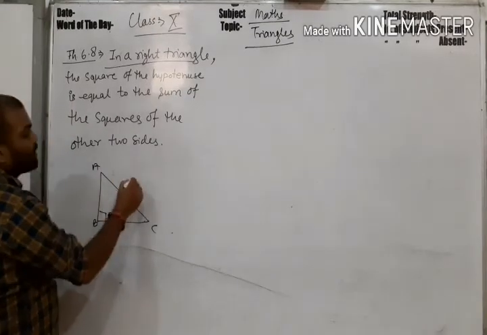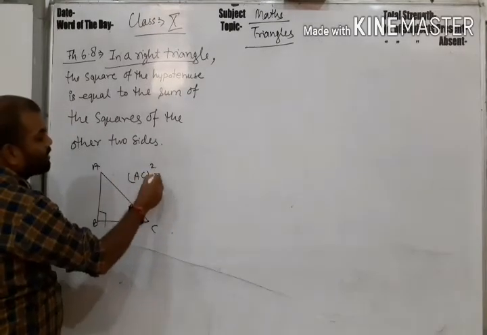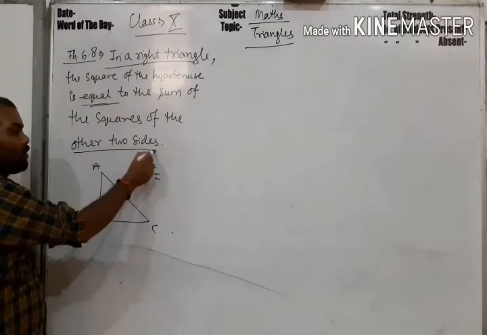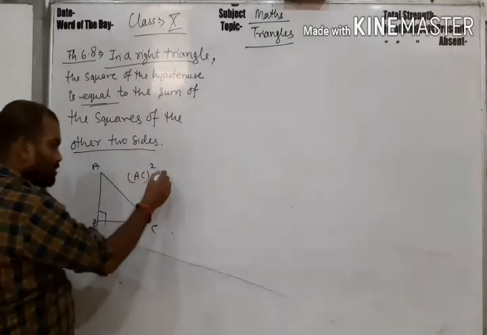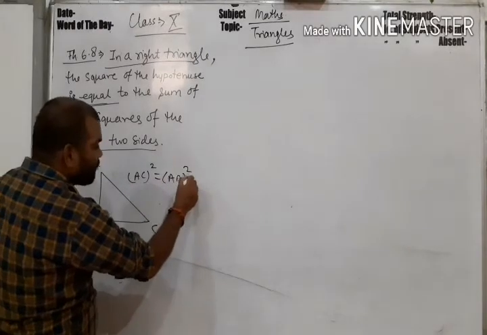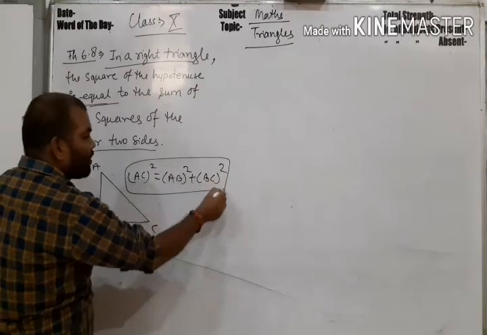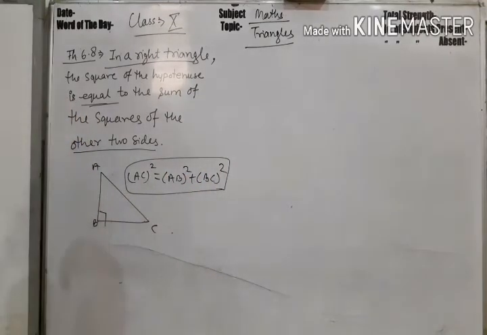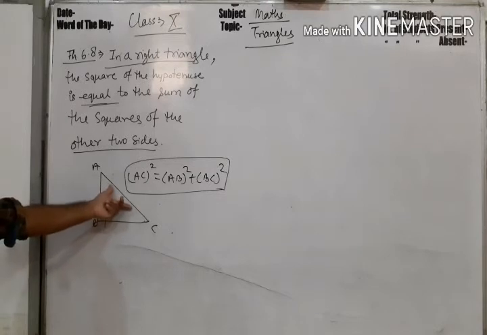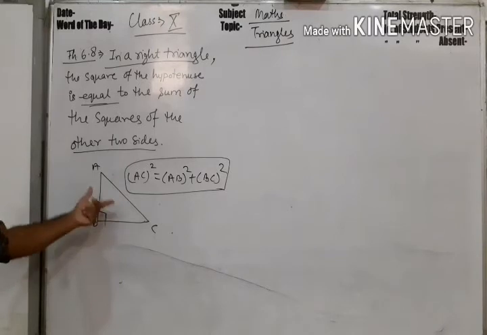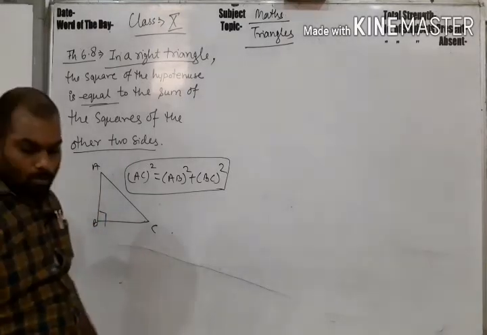So the square of the hypotenuse, meaning the square of AC, is equal to the sum of the squares of the other two sides, meaning square of AB plus square of BC. Got the point? So in a right angle triangle, the square of the hypotenuse is equal to the sum of the squares of the other two sides containing the right angle. Okay, so let us prove this.